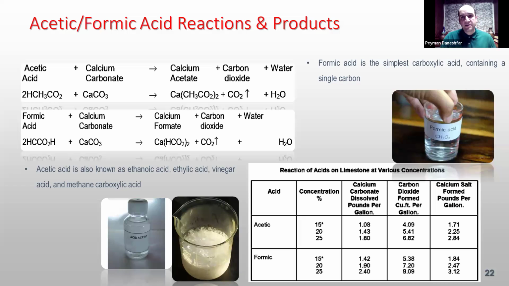I told you that you can use acetic acid as an iron controller, and formic acid as a corrosion inhibitor intensifier, and you can see how many pounds per gallon can be dissolved by the acetic acid with the calcium carbonate, or also the formic acid.